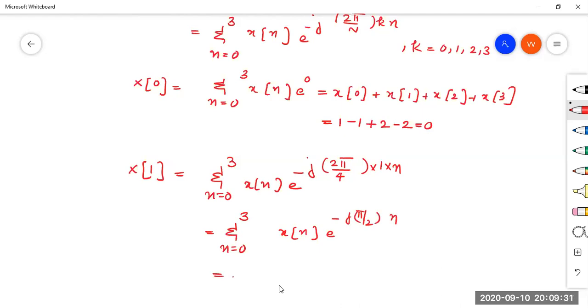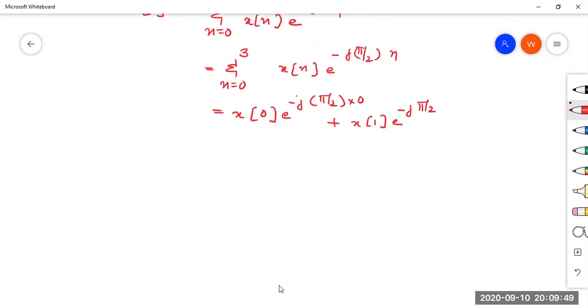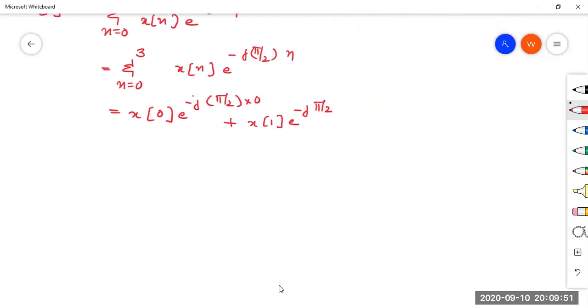So this is now x of 0 e raised to minus j pi by 2 into 0 plus x of 1 e raised to minus j pi by 2 plus x of 2 e raised to minus j 2 pi by 2 plus x of 3 e raised to minus j 3 pi by 2.